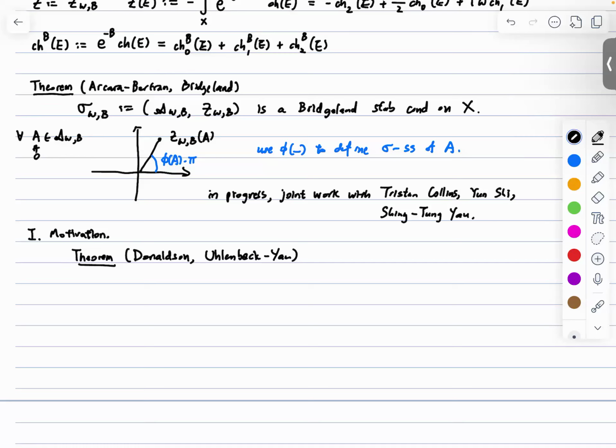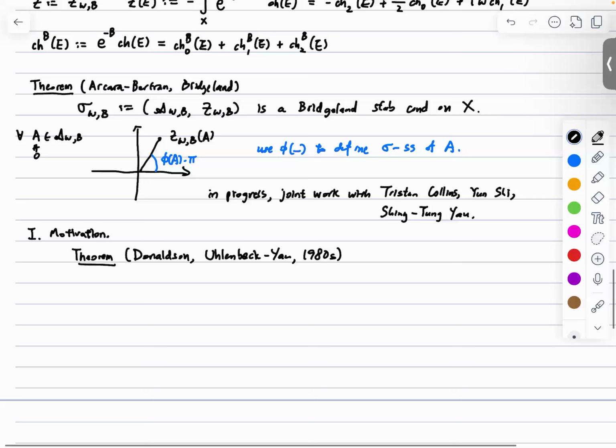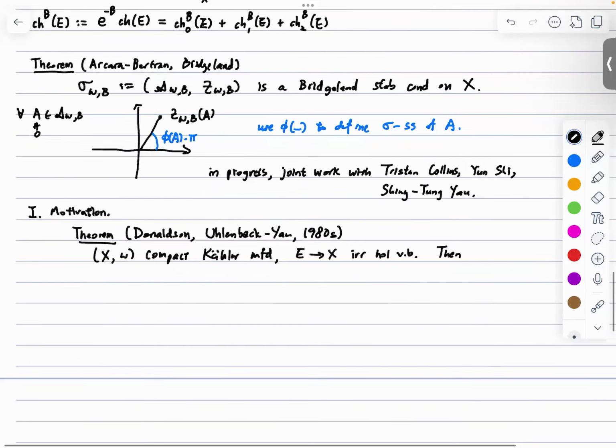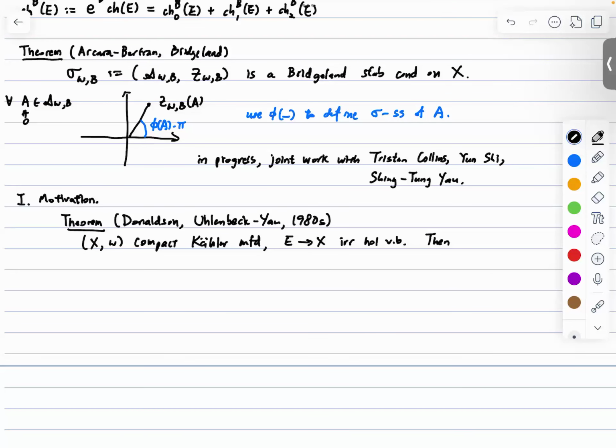Okay. So in the 80s, there was this theorem by Donaldson and Uhlenbeck-Yau that says if you take a compact Kähler manifold and you take a vector bundle E that's irreducible and holomorphic on X, then there are two things that are equivalent.